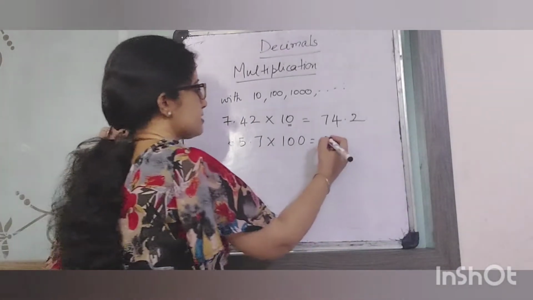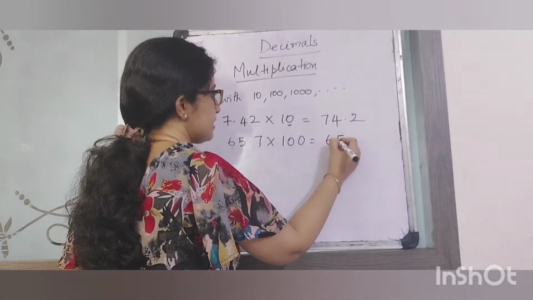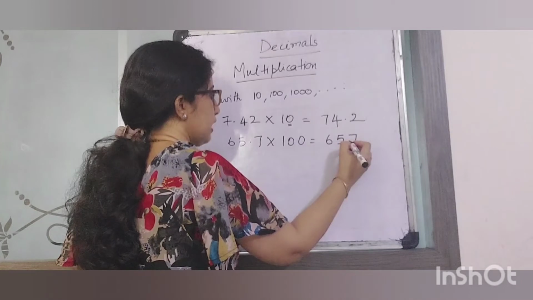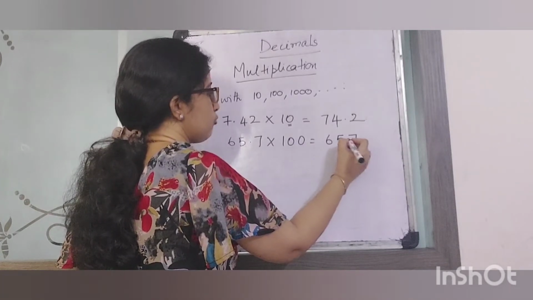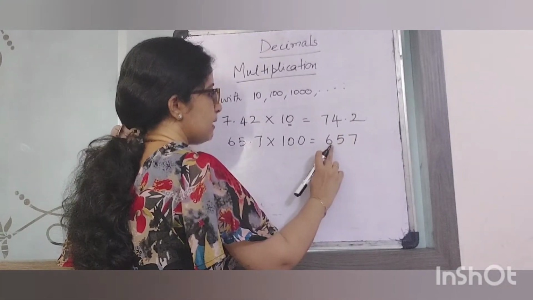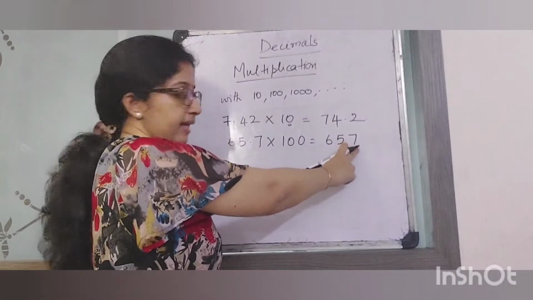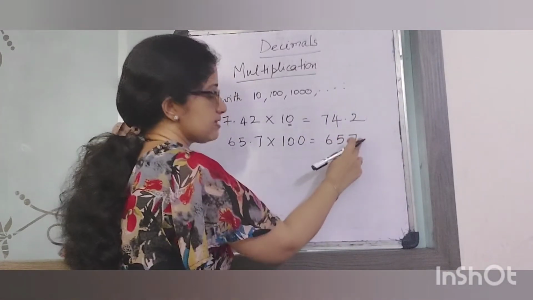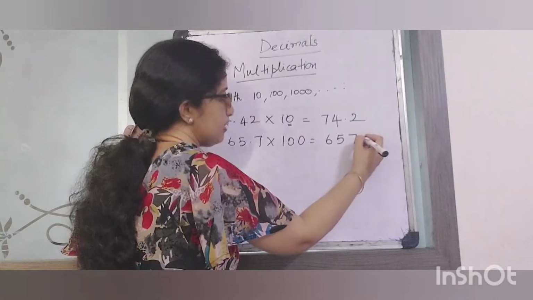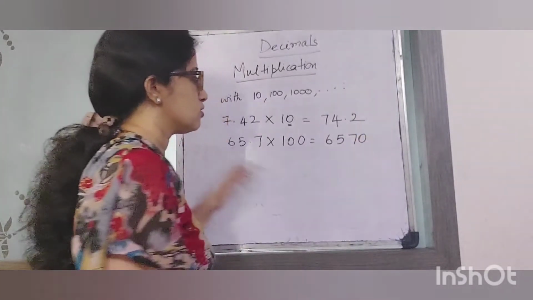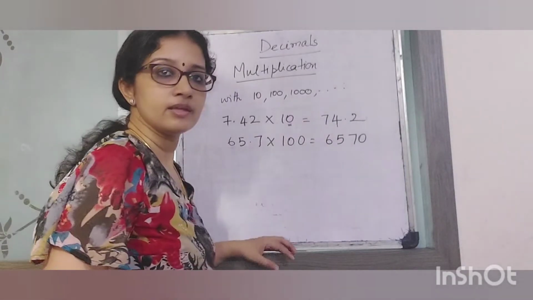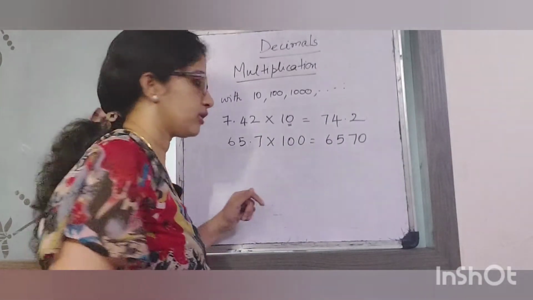So what will be the answer? 65.7, if we shift it to the right by 1 place, the answer will be 657, right? But we have to shift it by 2 places. Okay, so since there is no digit here, we have to put a 0 here. So the answer is 6570. Clear with this? Okay.